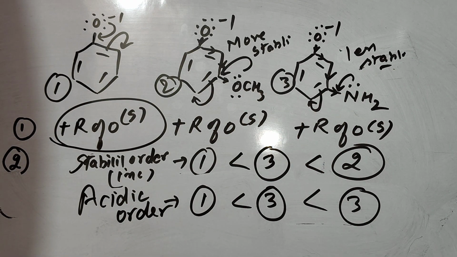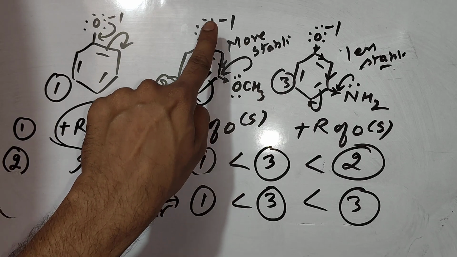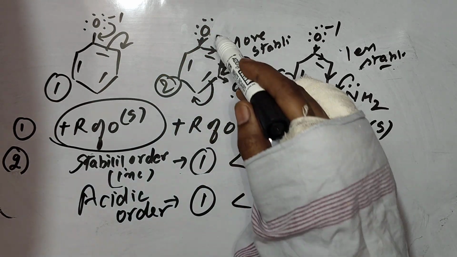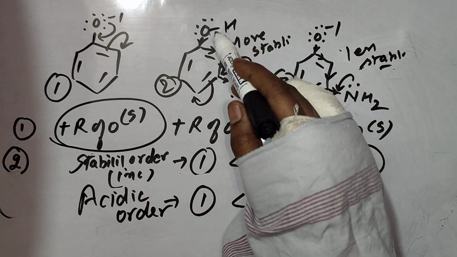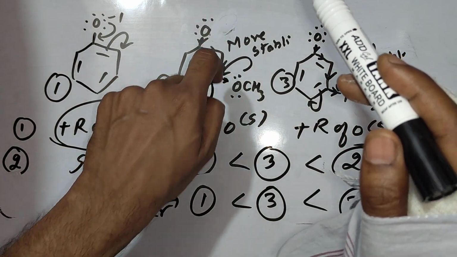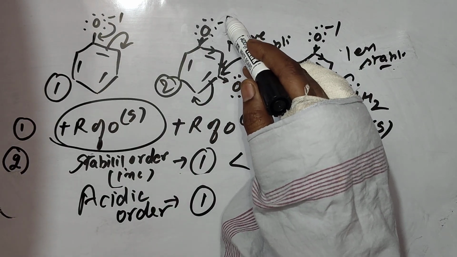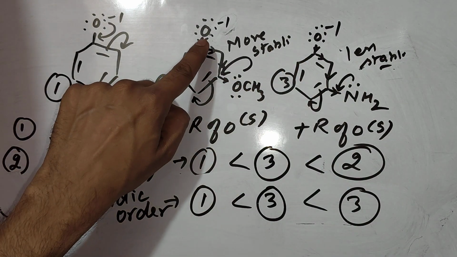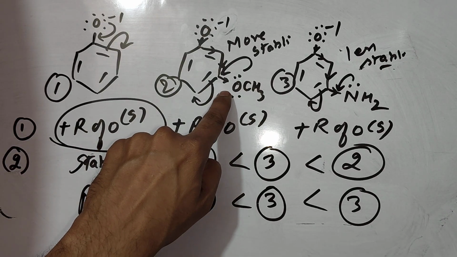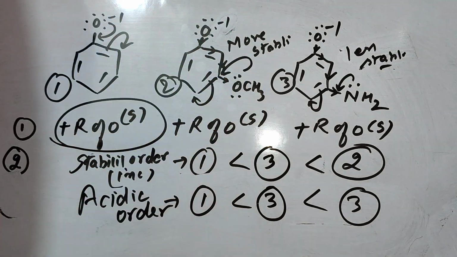Reasons? Because anion produced after loss of H positive, this molecule knows that after loss of H positive, I will get stablest anion. Why is it stablest? Because it is getting stability due to plus R as well as strong minus I of O. That's why it is most stable anion.